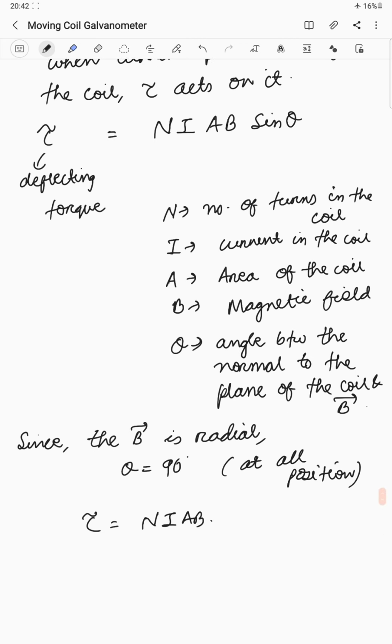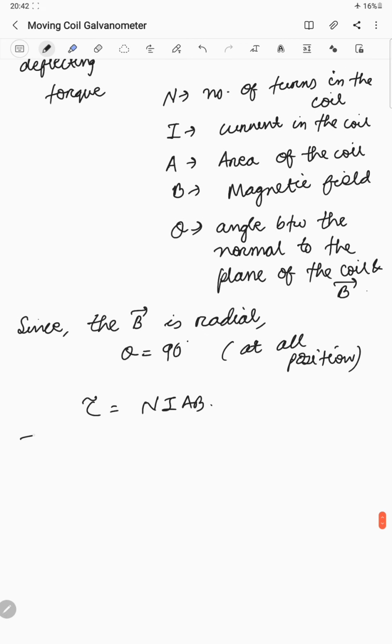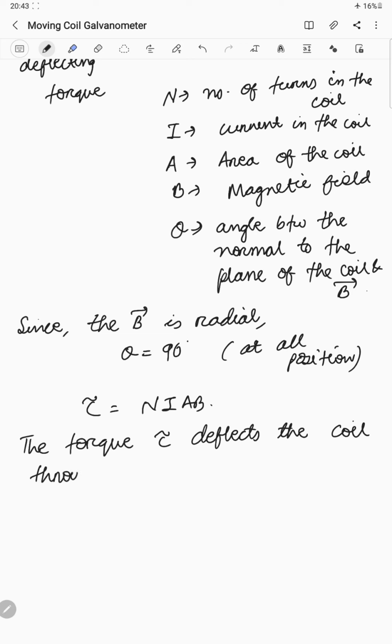Now this torque would deflect the coil through a particular angle. Let that angle be phi. So the torque tau deflects the coil through an angle phi. Now this will set up a restoring torque. Why?